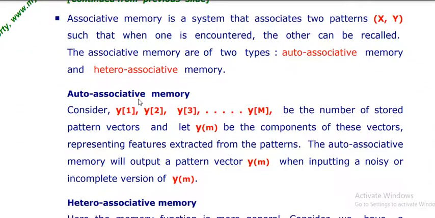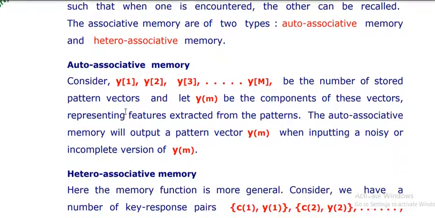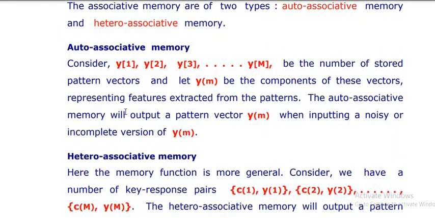Here we can see associative memory is a system that associates two patterns, X and Y, such that when one is encountered, the other can be recalled. Associative memory is of two types: auto-associative memory and hetero-associative memory. What is auto-associative memory?